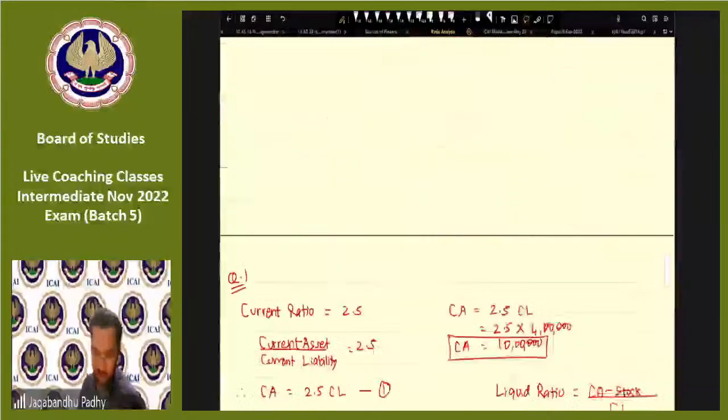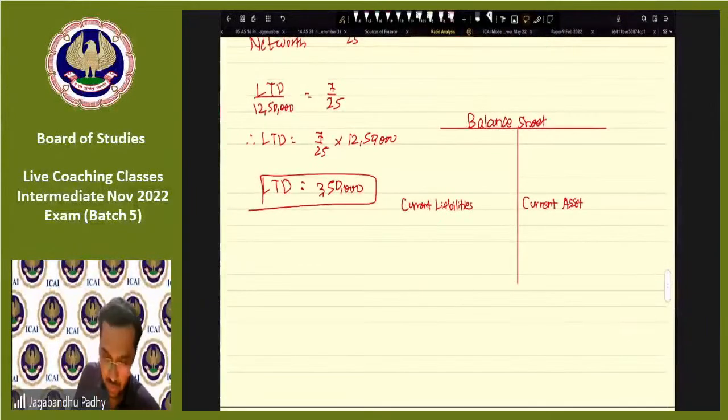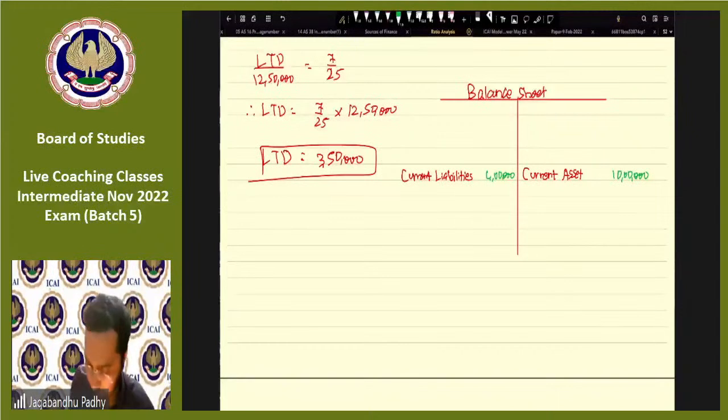Current asset was 10 lakh, current liability was 4 lakh. Now, in this current asset, we have information regarding the stock, right?